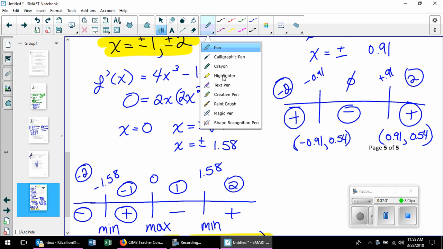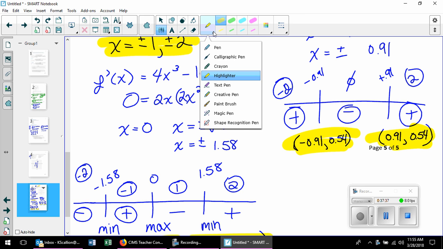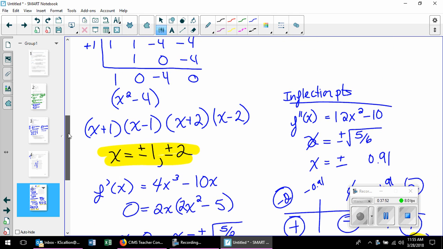Grab my highlighter again. I need to grab my inflection points. All right, here we go. Now we have all of those. We are going to grab everything. So you guys just did all my math on my page. Your page should look pretty full.